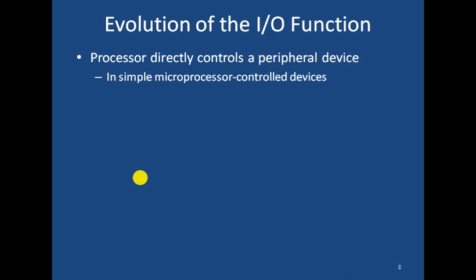That means there is no intermediate device between the processor and the I/O device. The processor can interact directly with the device. It is possible in the case of microprocessor controlled devices, where the microprocessor directly controls the device without any I/O module.